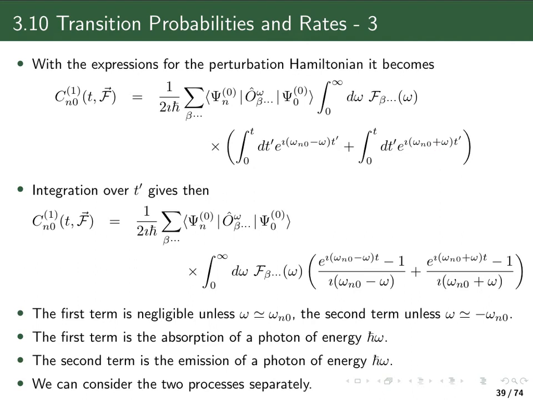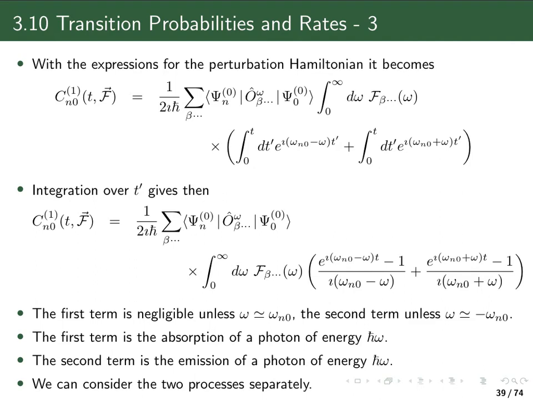Now carrying out this integration over this exponential, which you can either look up in tables or use any mathematical program to get, I'll get these two expressions. Well, this comes from the first integral, and that one comes from the second integral.